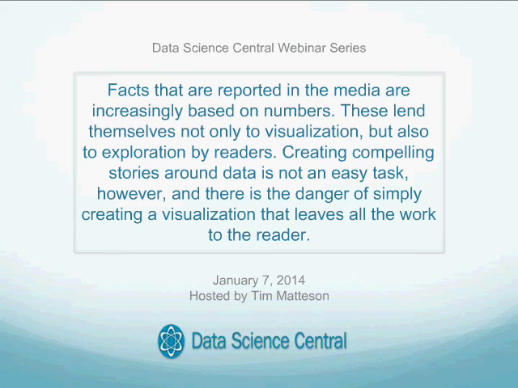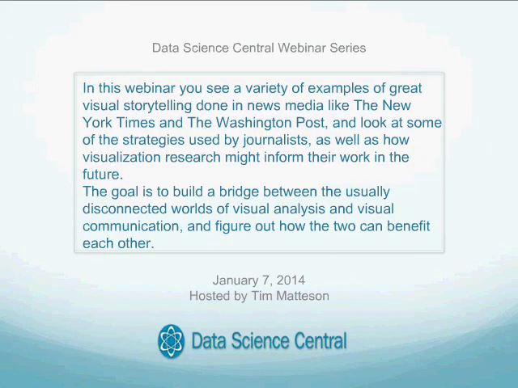In today's webinar, you will see a variety of examples of great visual storytelling done in the news media like the New York Times and the Washington Post, and look at some of the strategies used by journalists as well as how visualization research might affect their work in the future. The goal is to build a bridge between the usually disconnected worlds of visual analysis and visual communication, and to figure out how the two can benefit each other.